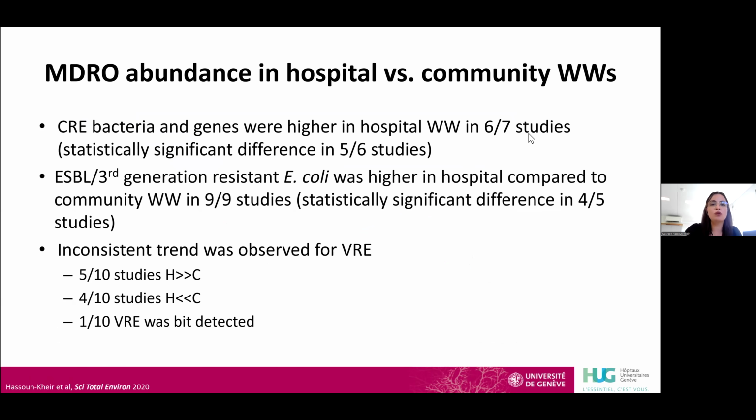This was correct also for specific subgroups of bacteria, for CRE and for third-generation cephalosporin resistant or ESBL carrying E. coli. Predominantly, wastewaters from hospitals were richer in AMR in these multi-drug resistant bacteria or genes compared to community.